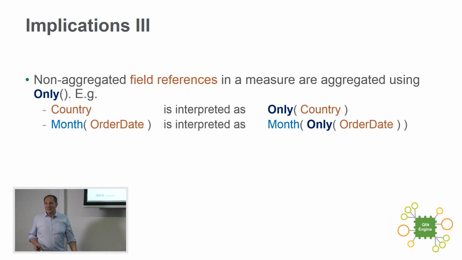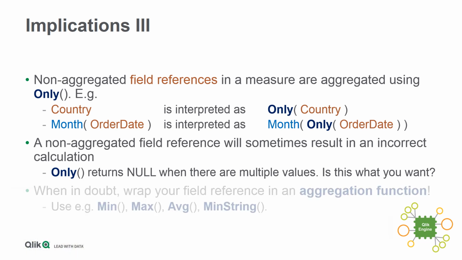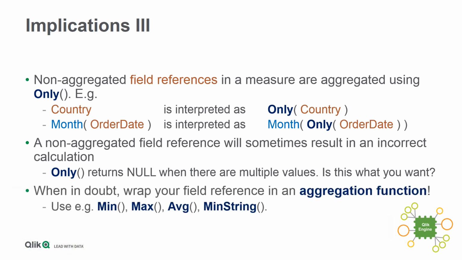If you have multiple order dates, then potentially it will be null. And a non-aggregated field reference will sometimes result in an incorrect calculation. So therefore you should wrap it in min, max, average, or min string, or something like that. I will give you an example of when it can happen in a while.